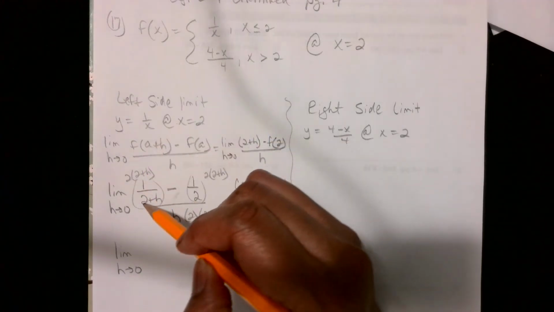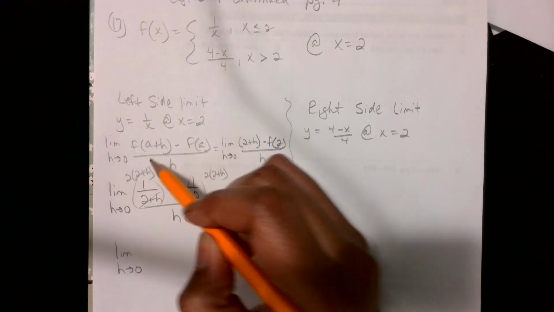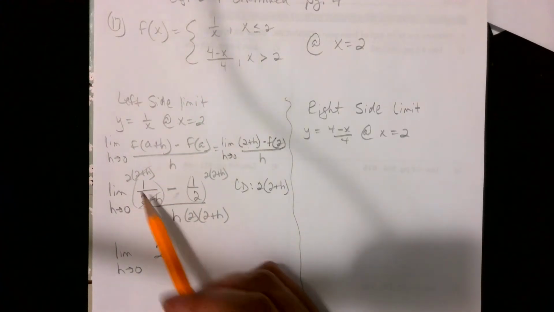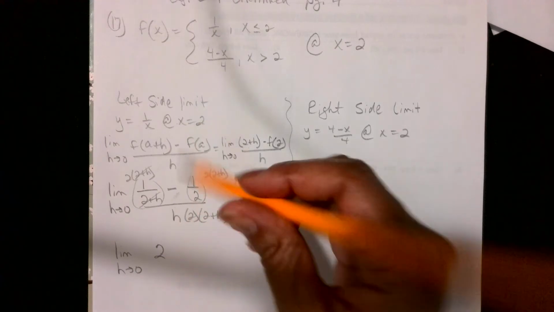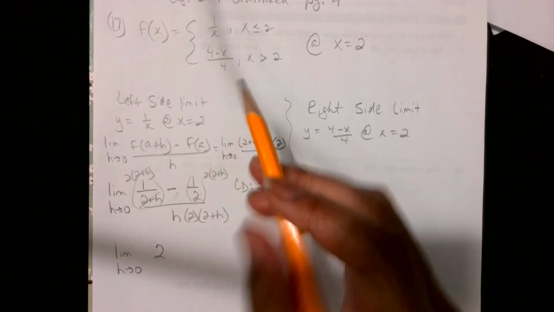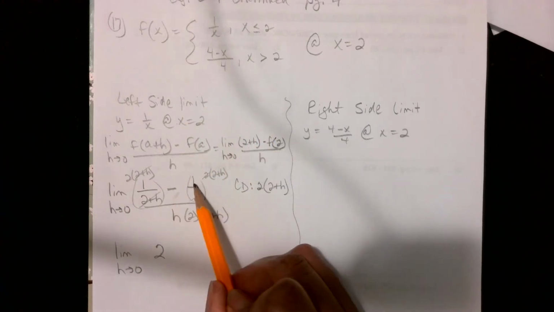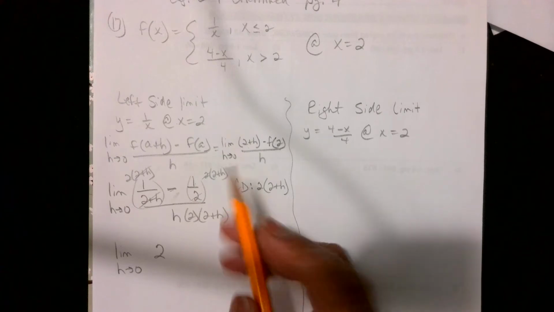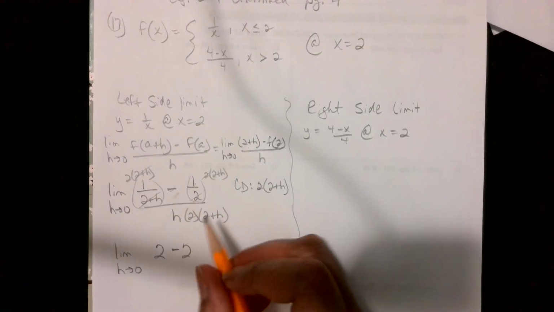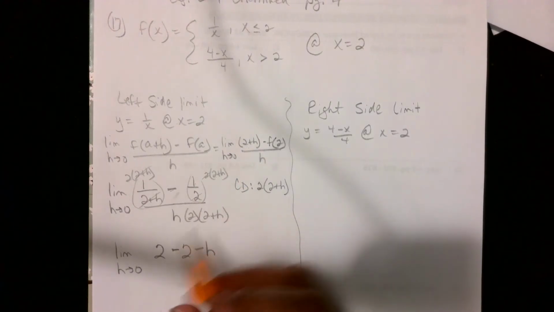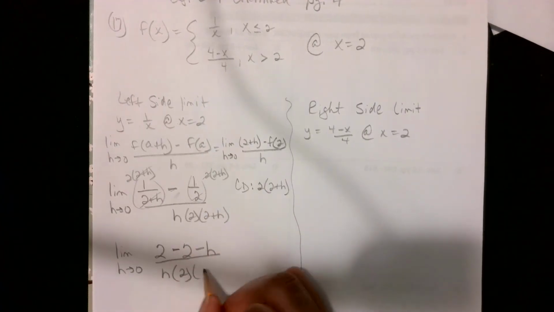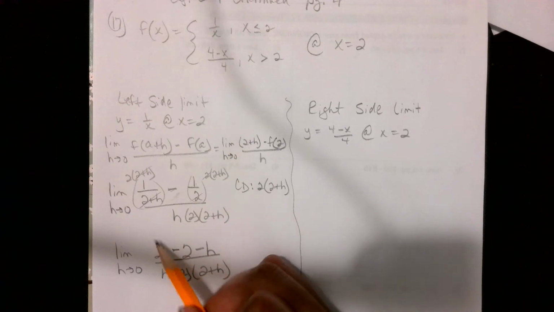Alright, so this has a 2 plus h, this has a 2 plus h, so it's just 2 left, because 2 times this 1 is 2. This has a 2, this has a 2, so it's negative 1, because it's a minus sign, it'll be a negative 1 times 2 plus h, so that'll be minus 2 minus h all over h times 2 times 2 plus h.